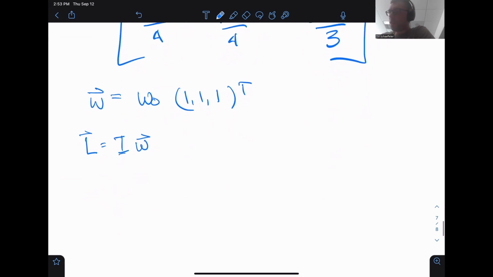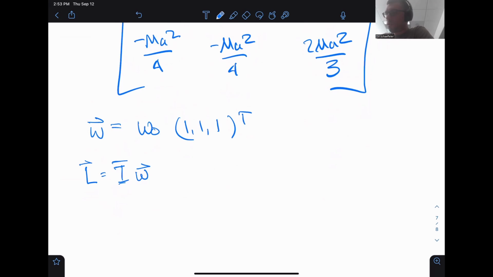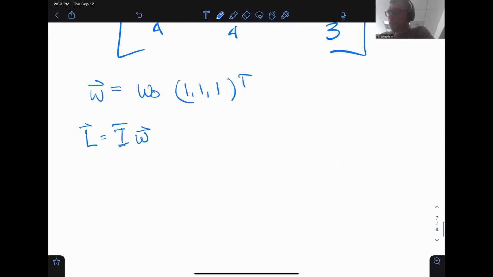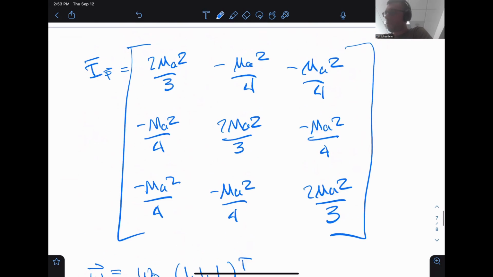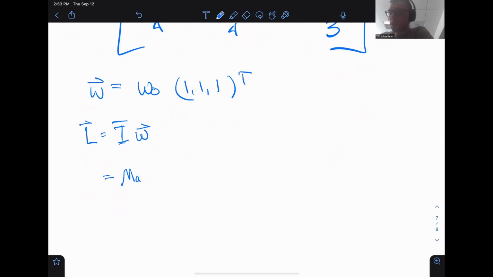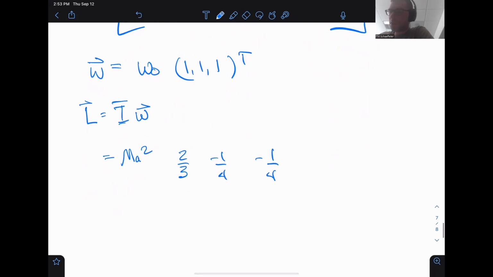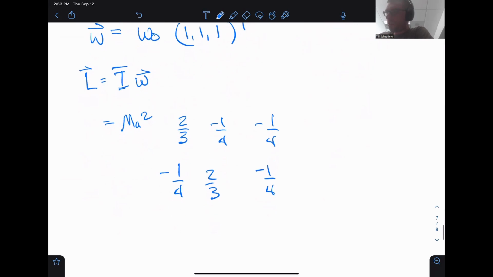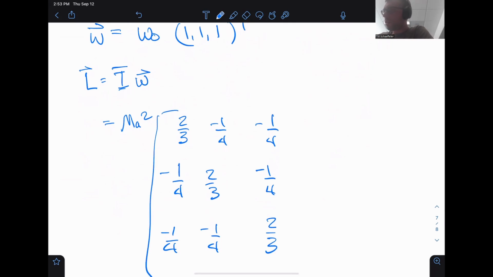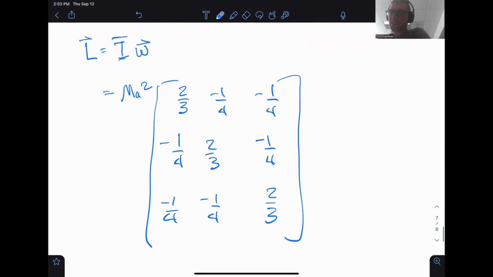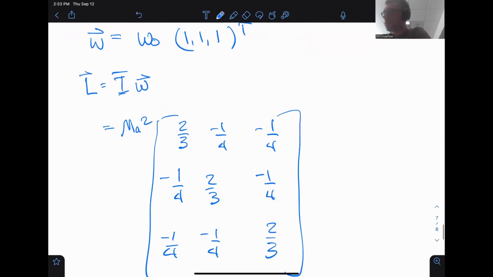It's a vector too. So I like putting a line above matrices sometimes. So I'm going to pull out all of the factors here. So this is m times a squared times 2/3, minus 1/4, minus 1/4; minus 1/4, 2/3, minus 1/4; minus 1/4, minus 1/4, 2/3; times the angular velocity vector, which is omega times 0, 1, 1.